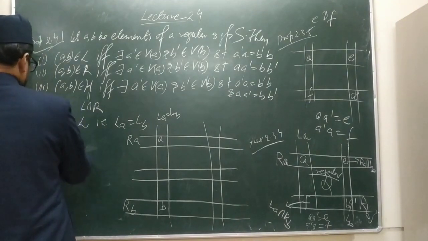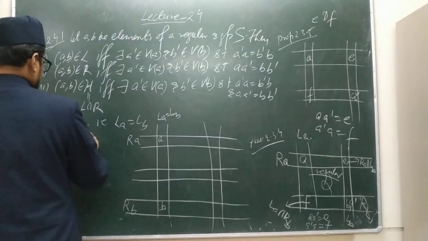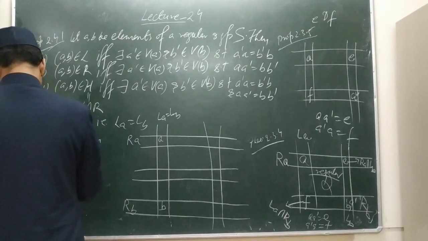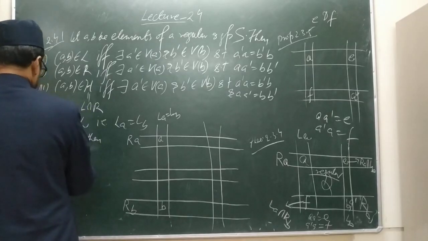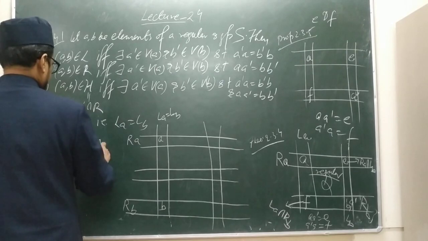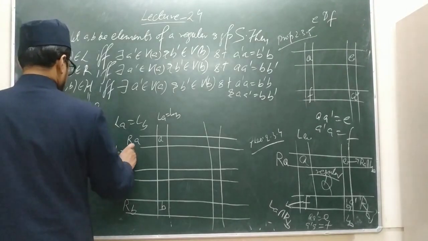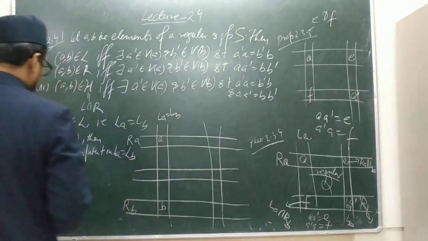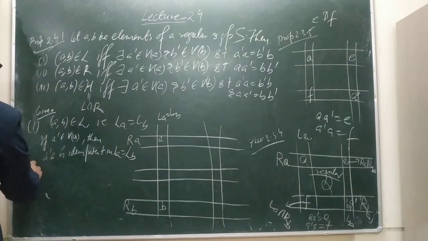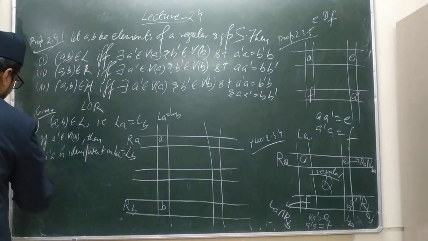So if A' belongs to VA, then A'A is idempotent in LA, which is equal to LB. Correct? Why? Because you know well that A'A and A are related to each other.